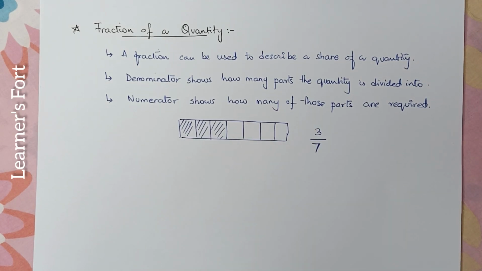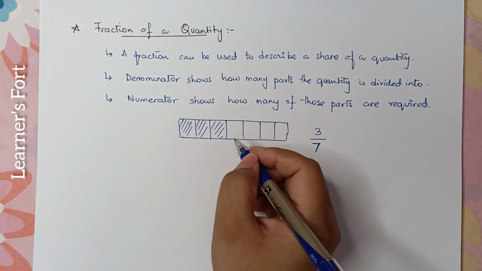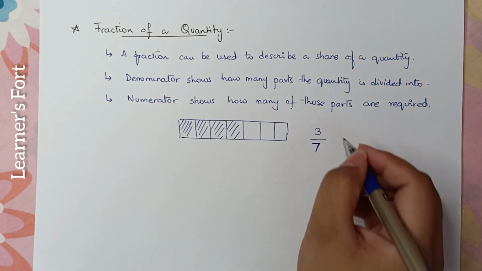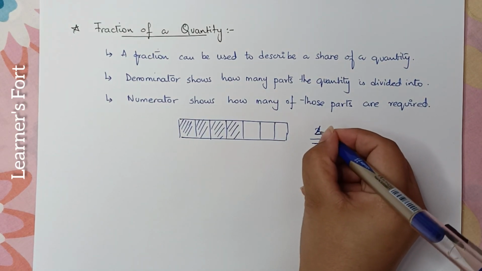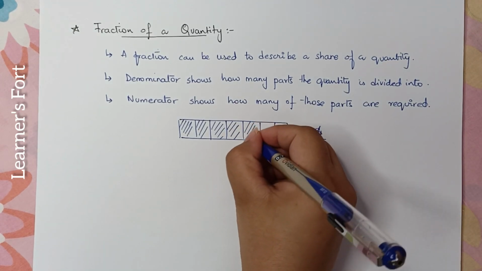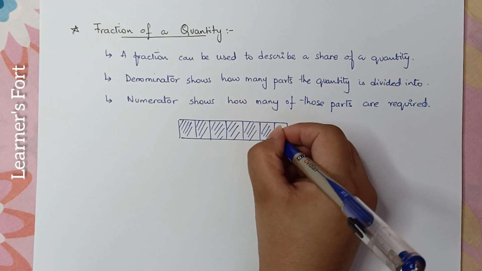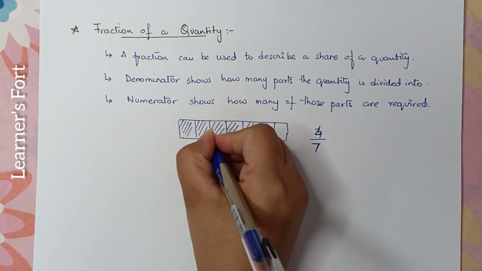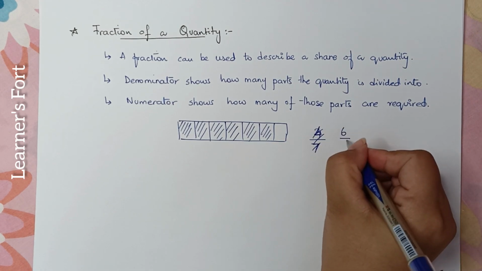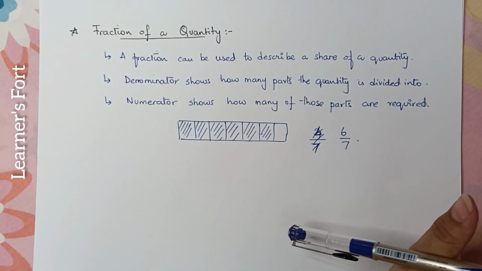So 3 upon 7, right? Now in case we have 4 parts shaded, this will become 4 upon 7. If we have shaded 6 parts, 1, 2, 3, 4, 5, 6, this will become 6 upon 7, right?